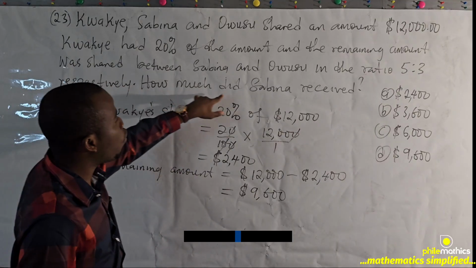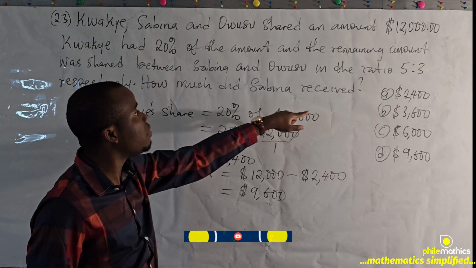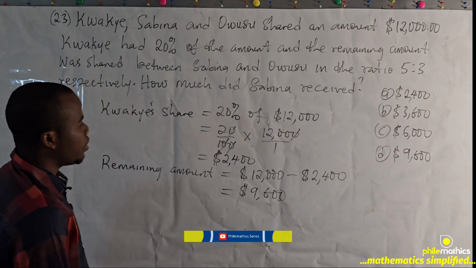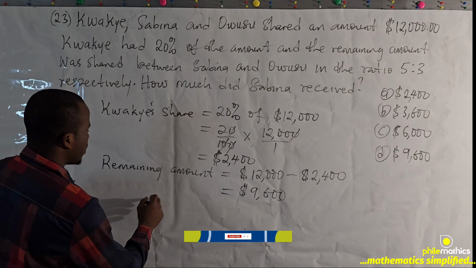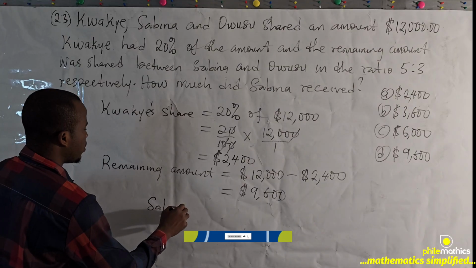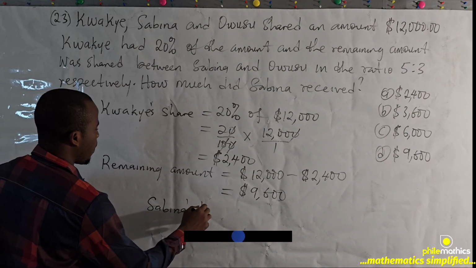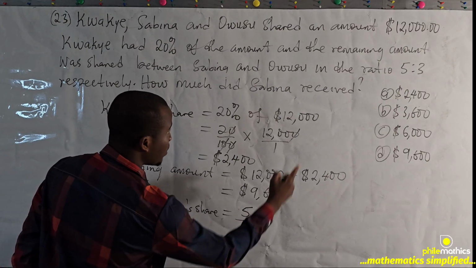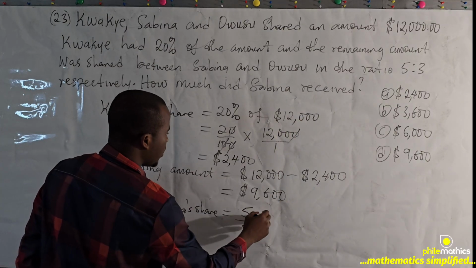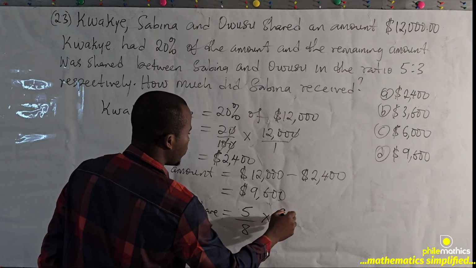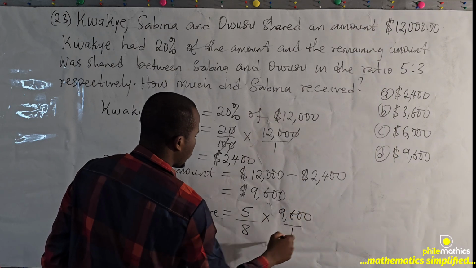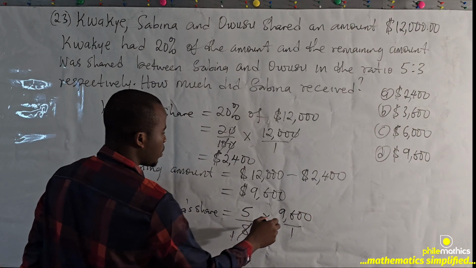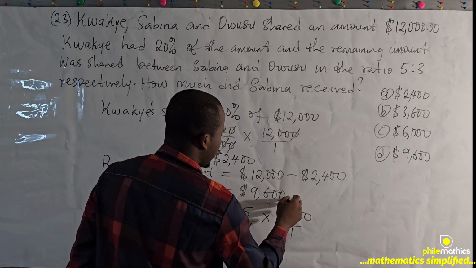We are asked to look for how much Sabina received. So Sabina is the one with the 5. And so Sabina's share was 5 over the sum of their ratio, 8, times the remainder, 9,600 over 1. 8 into 9 is 1.